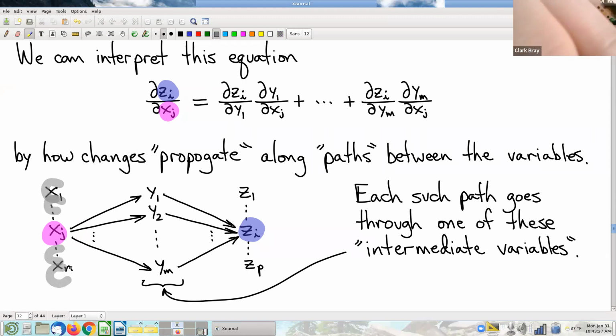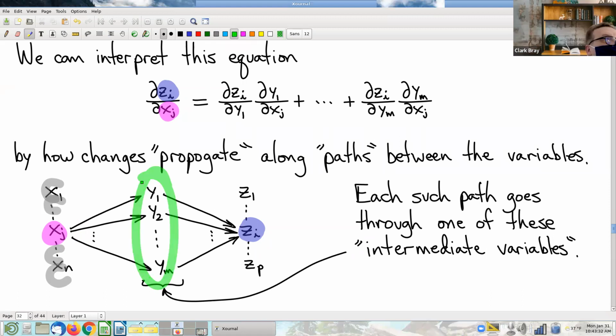What happens when you change xj? All of these y variables are going to change. Just looking at y1 for a moment, as y1 changes, then zi is going to change. But the fact that y2 is changing is going to make zi change, and so on. The fact that ym is changing is going to make zi change. So the point of view I want to give you is that you can think of changes propagating along paths.